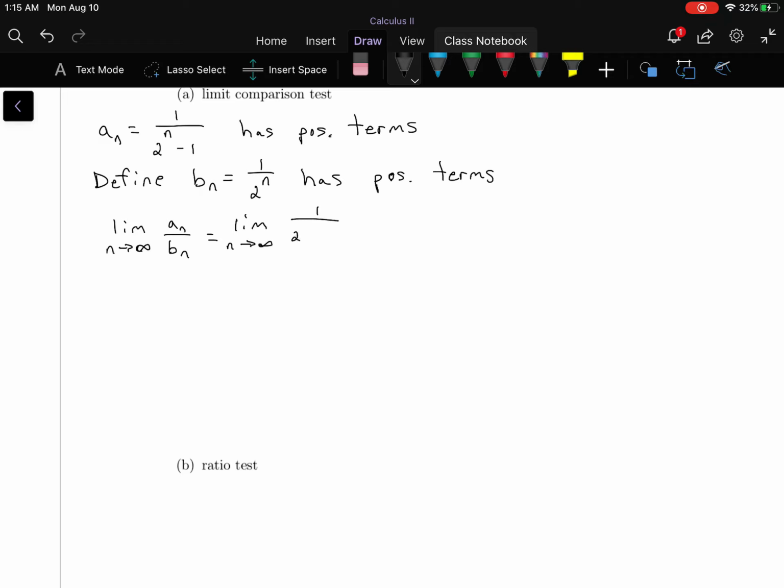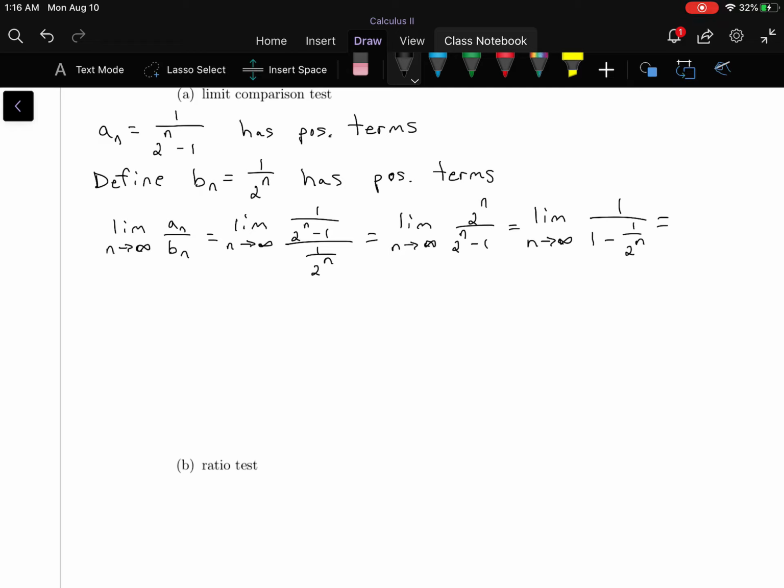That's 1 over 2 to the n minus 1 over 1 over 2 to the n, which is the limit as n goes to infinity of 2 to the n over 2 to the n minus 1, which if you divide top and bottom by 2 to the n, brings us to the limit as n goes to infinity of 1 over 1 minus 1 over 2 to the n.